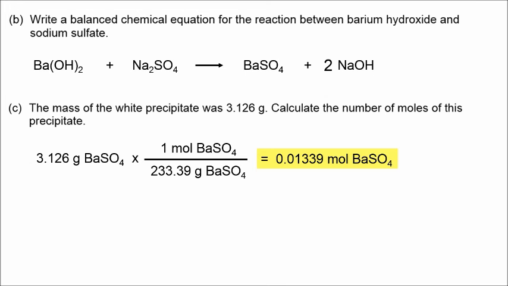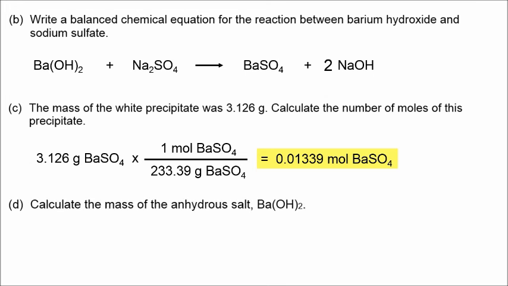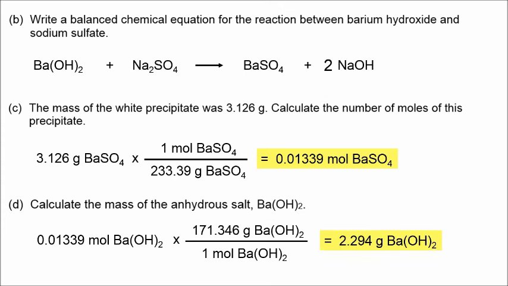Now look at that 1-to-1 mole ratio between barium sulfate and barium hydroxide. That means that there's 0.01339 moles of barium hydroxide. Let's convert that to grams. And when we do, we get 2.294 grams of the anhydrous salt barium hydroxide.